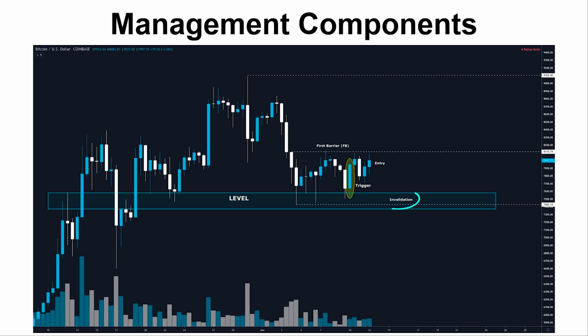Now let's discuss invalidation. Since we identified the 7400 to 7600 level, we can highlight this most recent swing low at around 74.26. This price becomes our invalidation. We can assume that if price trades below 74.26, any long positions we are in are likely on the wrong side of the market, and we should exit them for a loss.